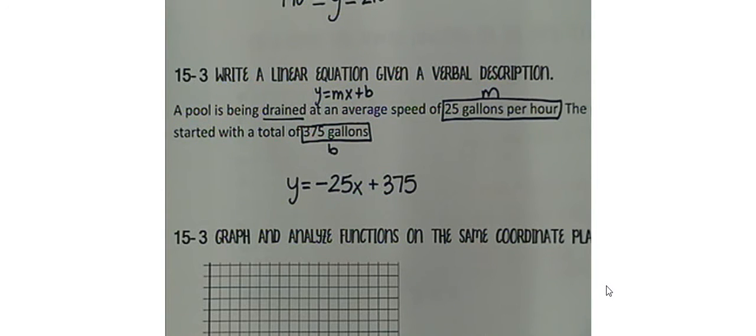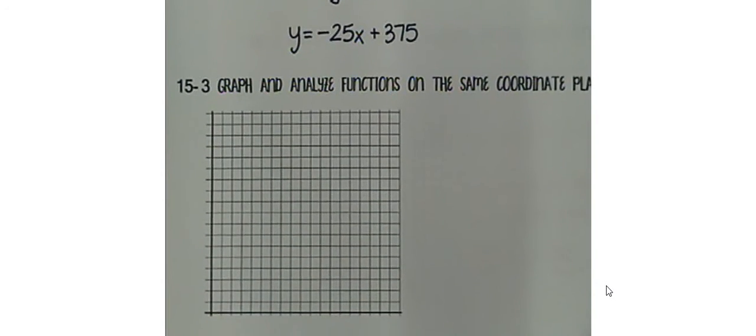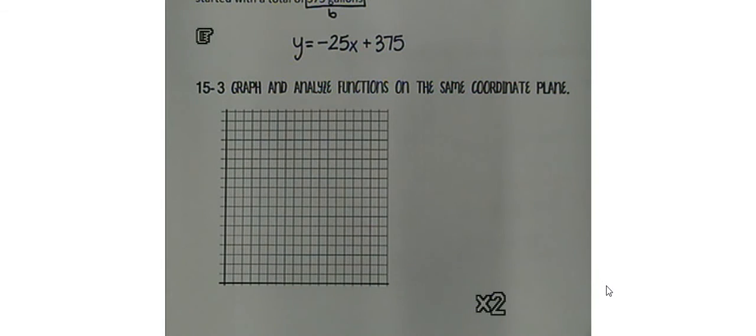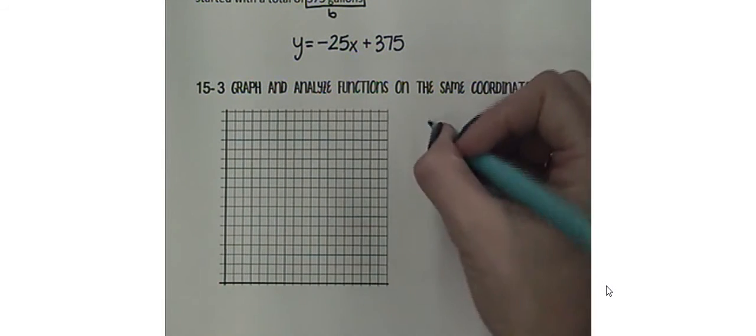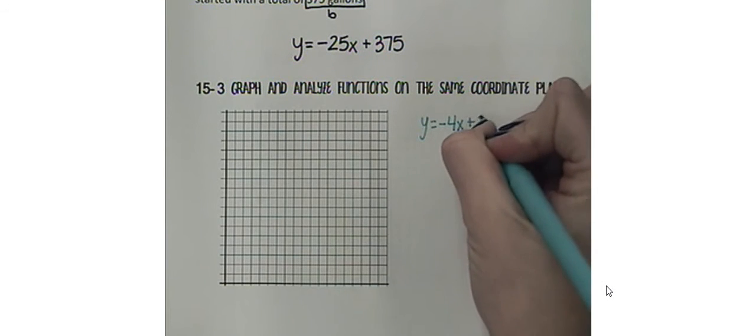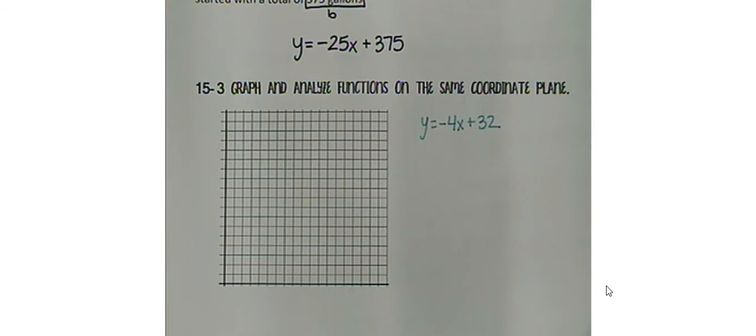Let's practice graphing again because it's on your quiz. In 15.3, the learning target was graph and analyze functions on the same coordinate plane. So y equals negative 4x plus 32 is going to be one of them.